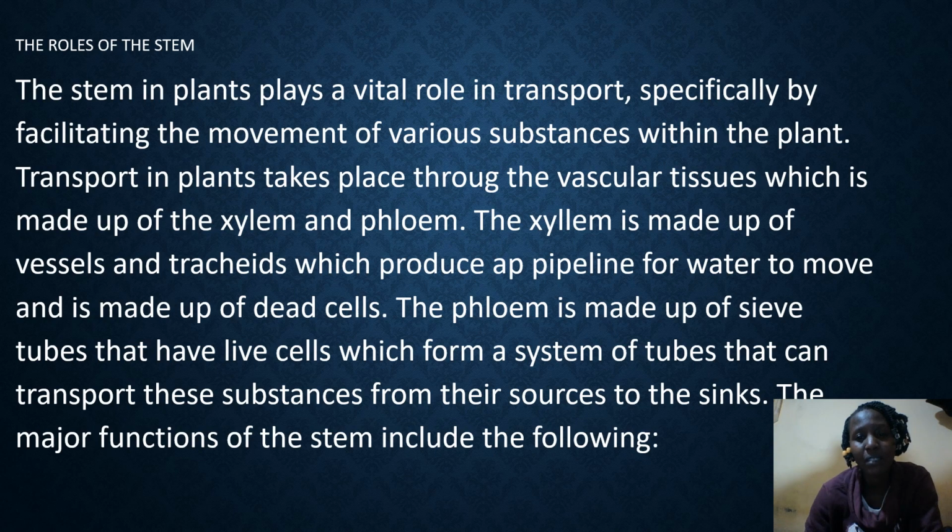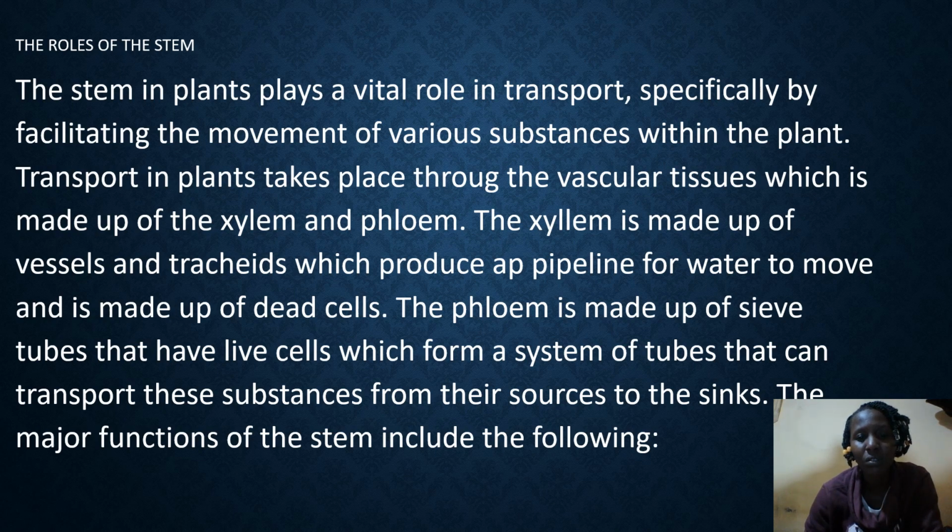The xylem is made up of vessels and tracheids, which form a pipeline for water to move, and is made up of dead cells. The phloem is made up of sieve tubes that have live cells, which form a system of tubes that can transport these substances from their sources to the sinks.